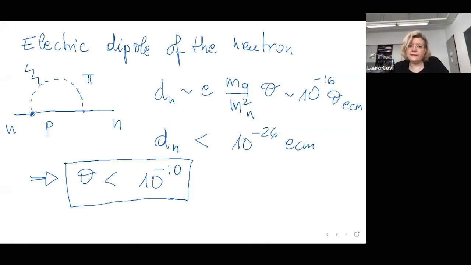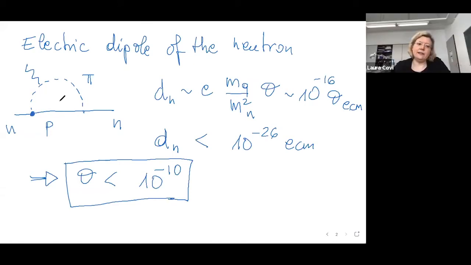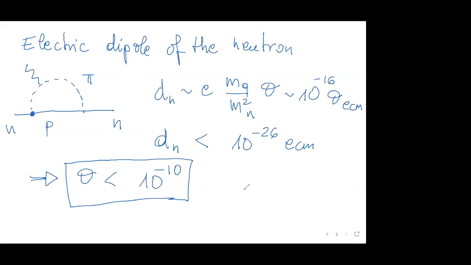If you don't have the theta term, of course, you have other interactions for the pions, but they do not violate CP. I see. Okay, thank you. And as I said, it's a bit of a long story. If you want to really see how this is computed, I don't have the notes to do it here, but I can give you a reference later on. Okay, yes, it would be nice.